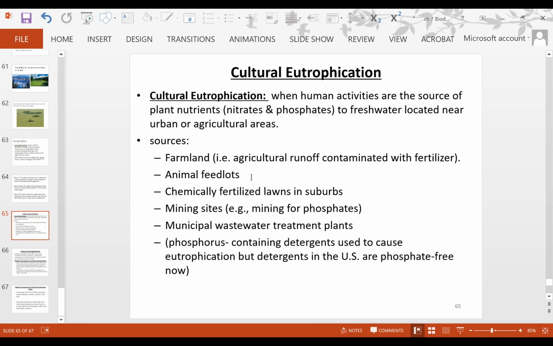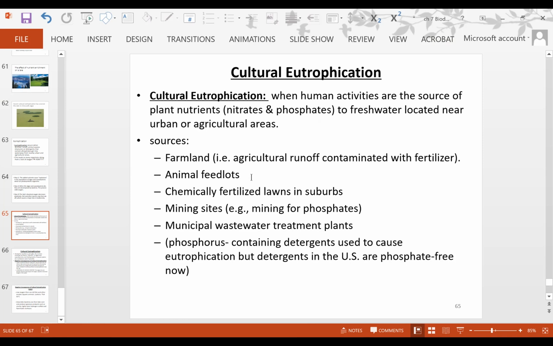Municipal wastewater treatment plants, that is where sewage from people's homes and different buildings ends up, and there can be materials that end up in local waterways from the municipal wastewater treatment.